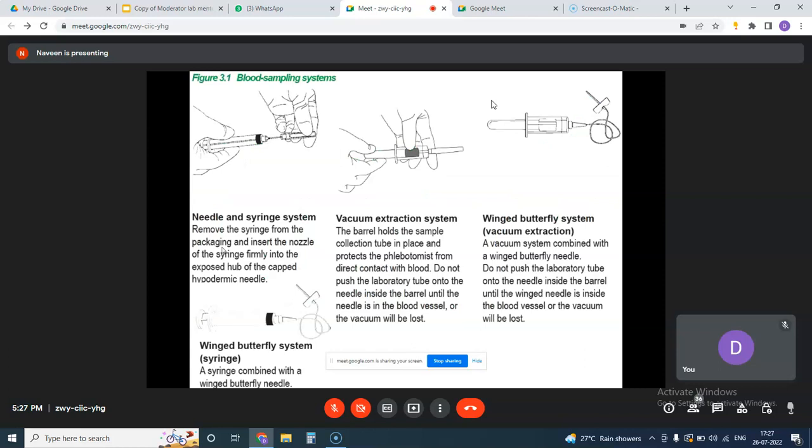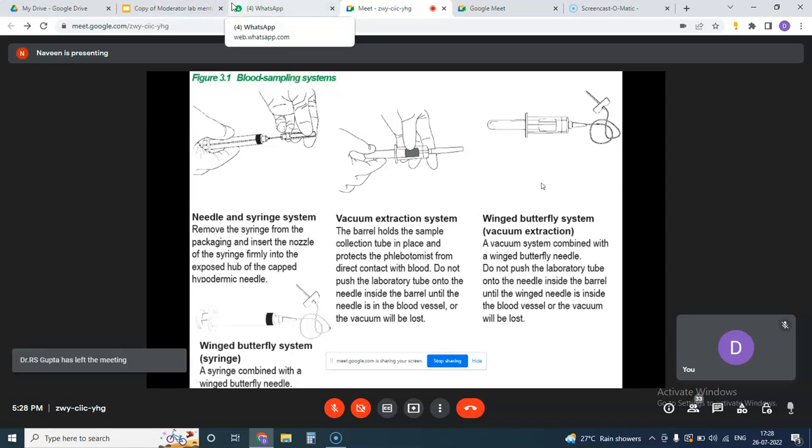So these are the different blood sampling systems, like the instrument that we use to draw the blood. So one is needle and syringe, and usually now most of us use vacuum systems, that is the tubes which have a vacuum. So as soon as we introduce the needle into the vein, that vacuum draws the blood.